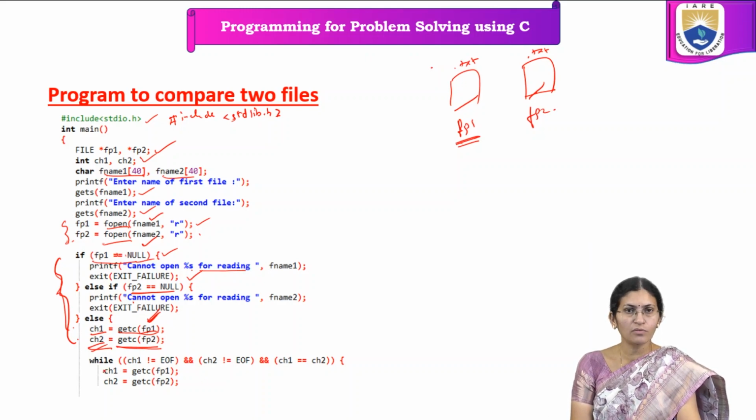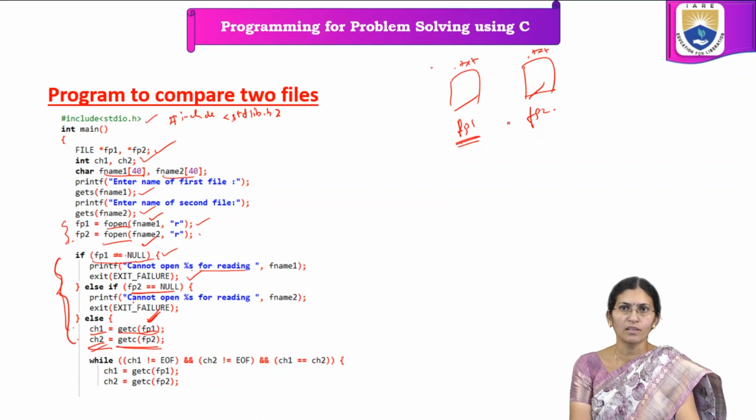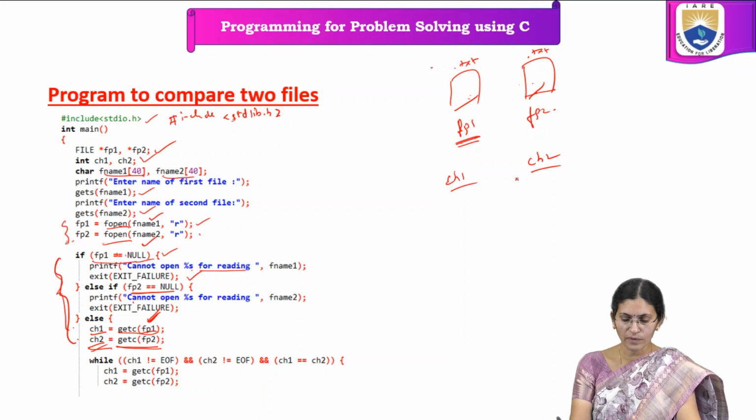Now next, in order to check whether the contents of the two files are equal or not, we are retrieving each character in this file and in this file. Here we have ch1, here we have ch2, and then we need to check whether these two characters are equal or not. That is done with the help of a while loop. It will go on checking each character while ch1 is not equal to EOF.